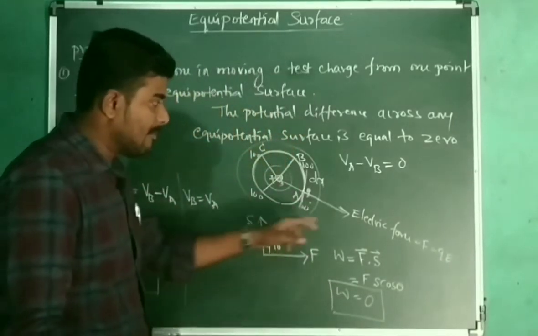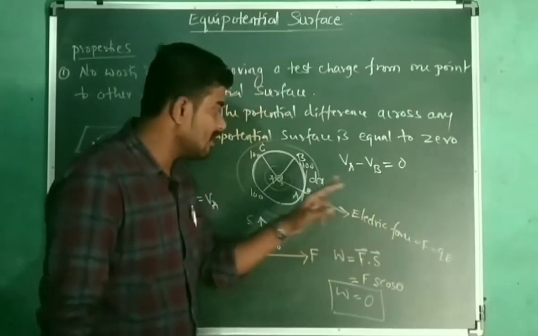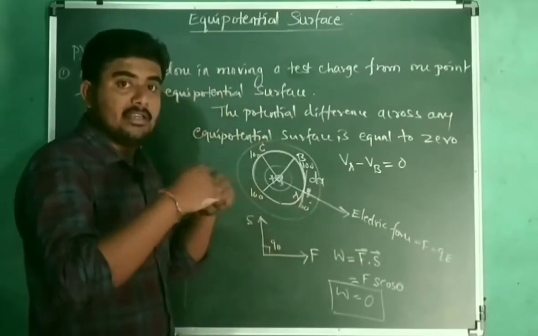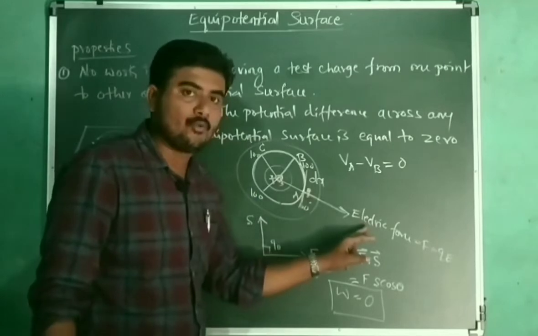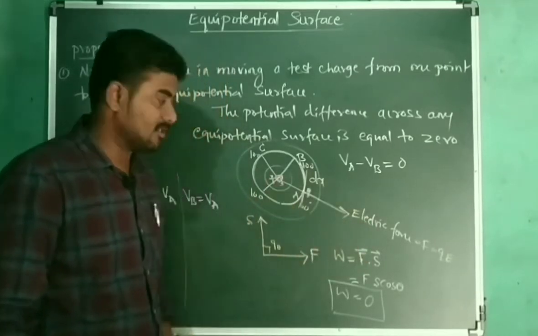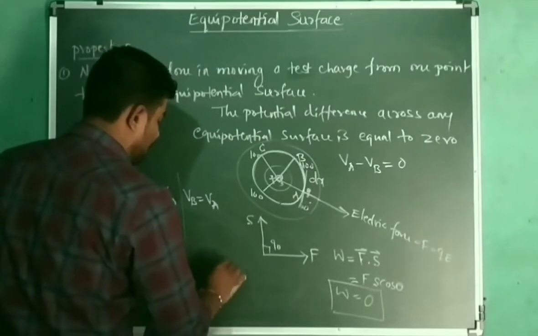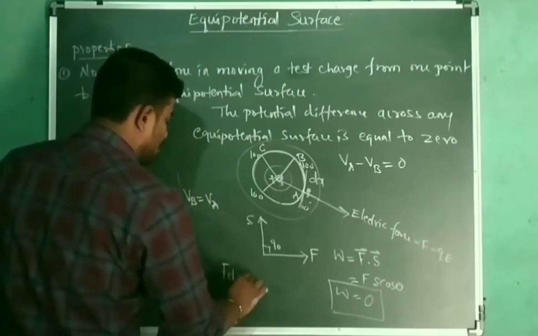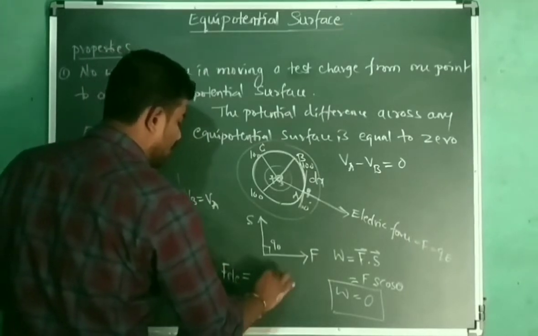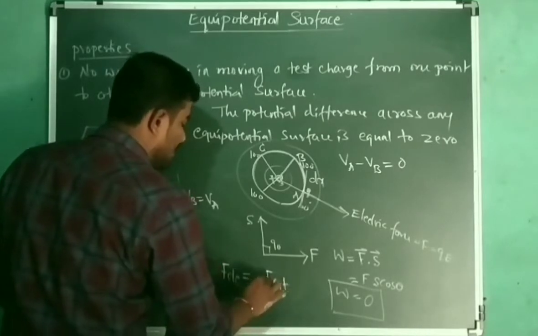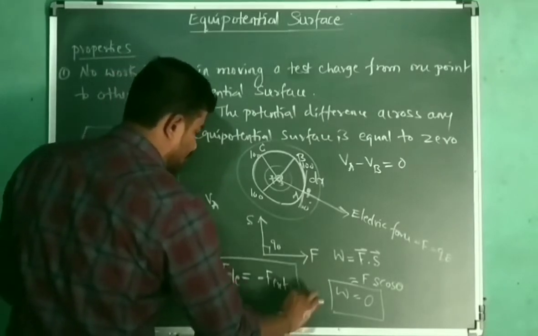And for this, remember, the electric force and the external force both have to be equal and they have to be opposite. That is, F electric should be equal to F external, and they have to be opposite.